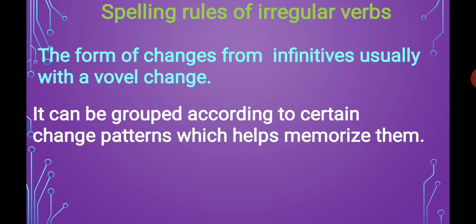In some cases we do not follow any rule, we just follow some particular pattern to make the past form. For example, eat, ate; run, ran. Understand? These are the spelling rules of past tense verbs.